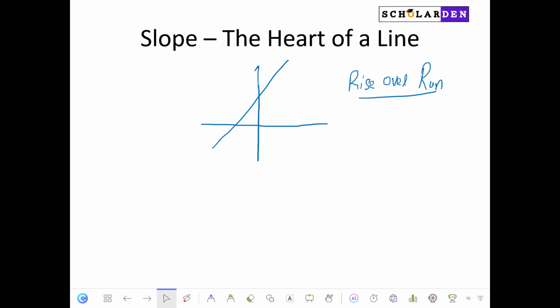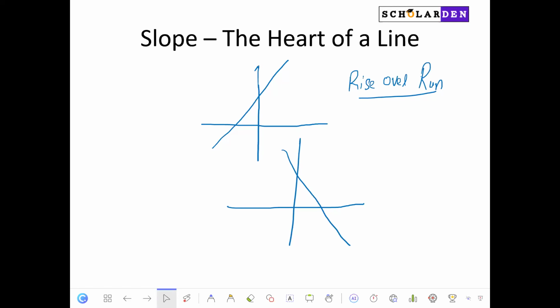So why is this? Let's take a look at another example. Same line, let's take this line. In this particular case, the line is going downward. So it's actually falling, but the word remains the same. We are going to calculate the rise. The rise is calculated along the y-axis, because this is the vertical axis.